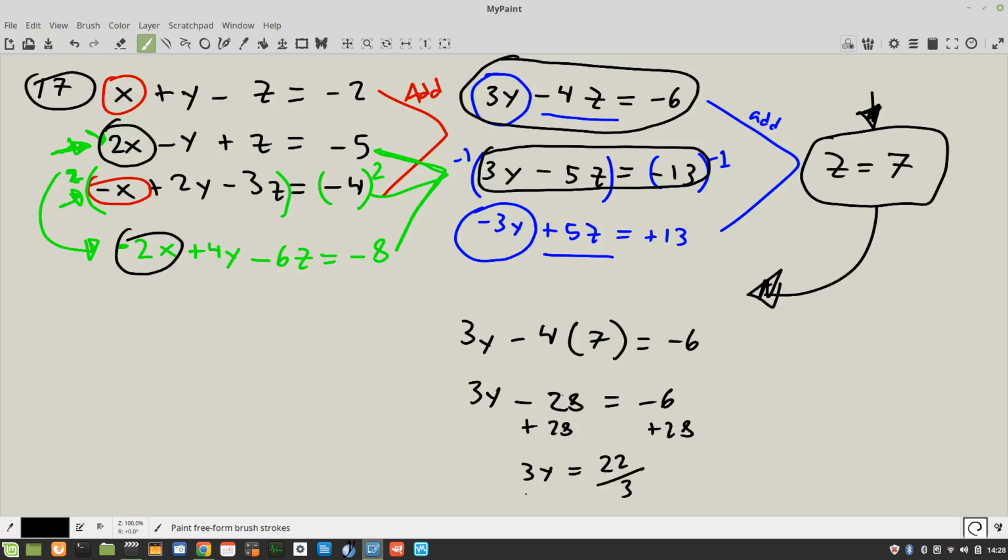Divided by 3, right? Which is gonna give us y equal to 22 divided by 3.